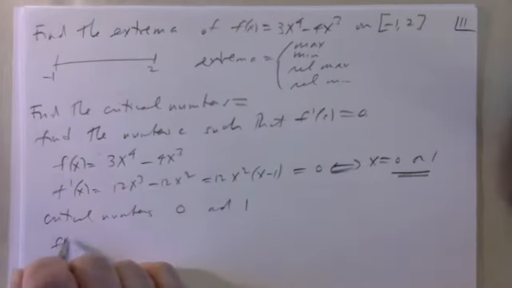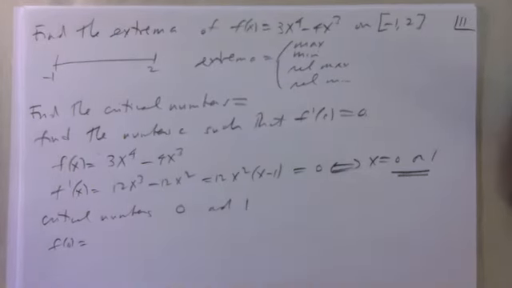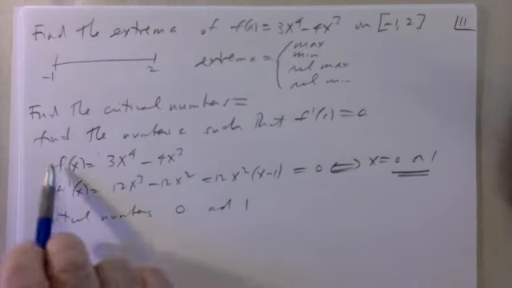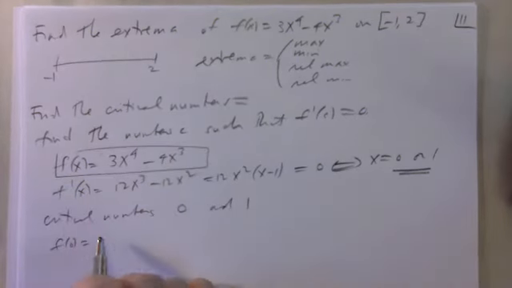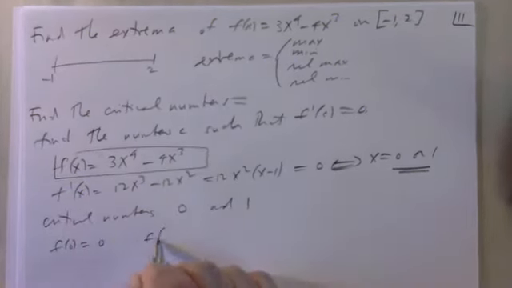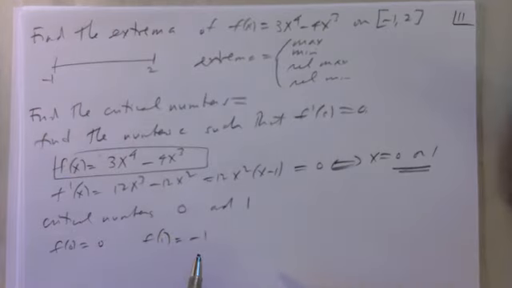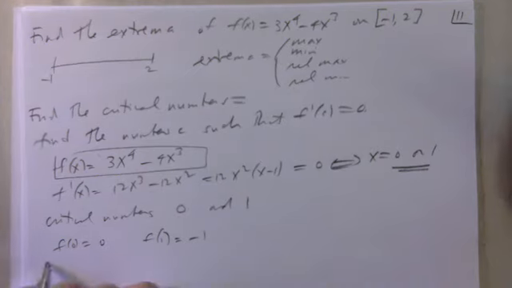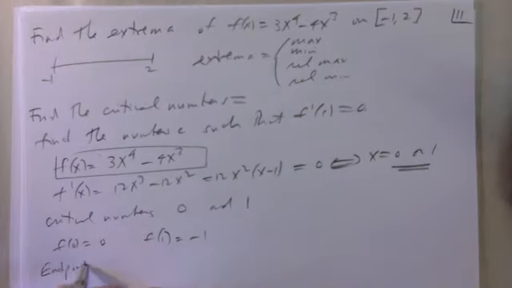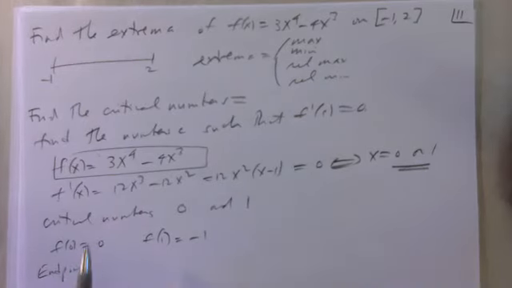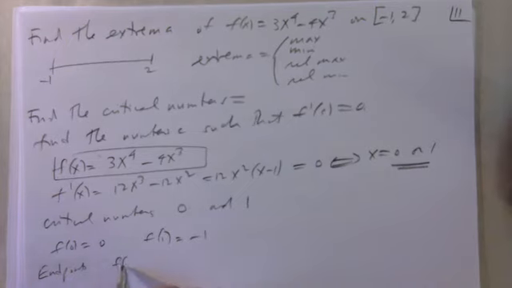What is f of 0? f of 0 is 0. f of 1 is minus 1. What about the endpoints of the interval? The endpoints are -1 and 2.